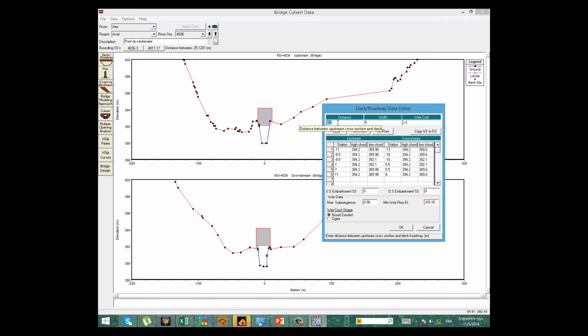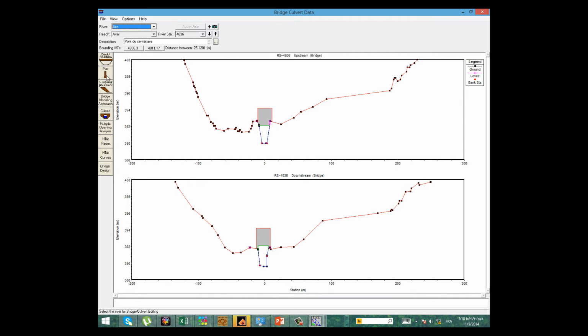It means the distance to the cross section found immediately upstream of the bridge. That is mostly 1 meter, something like that, but it depends upon the distance you put. So 0.1 is 10 centimeters, meaning there is another cross section 10 centimeters above the bridge. That's all for the bridge.